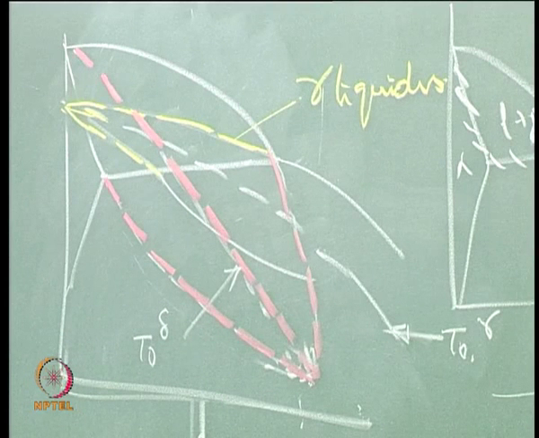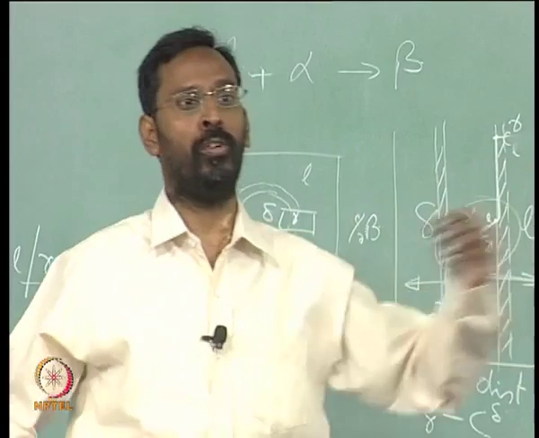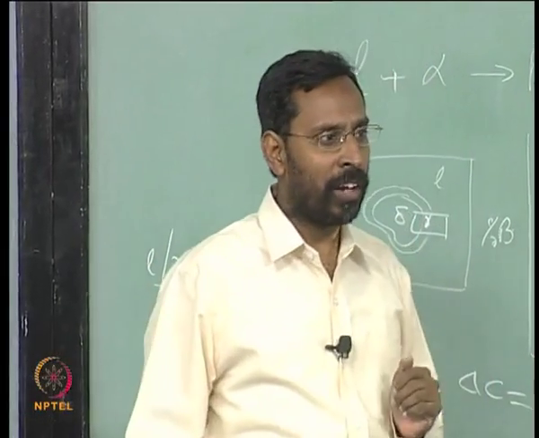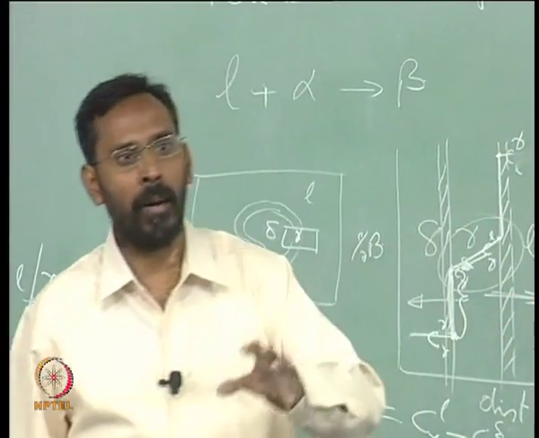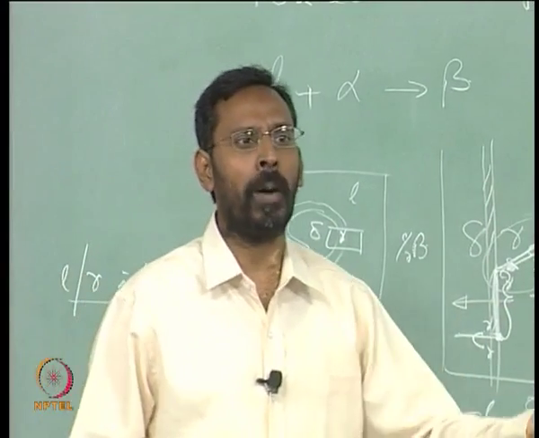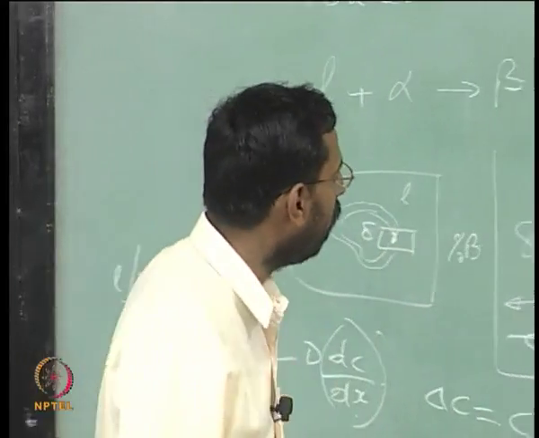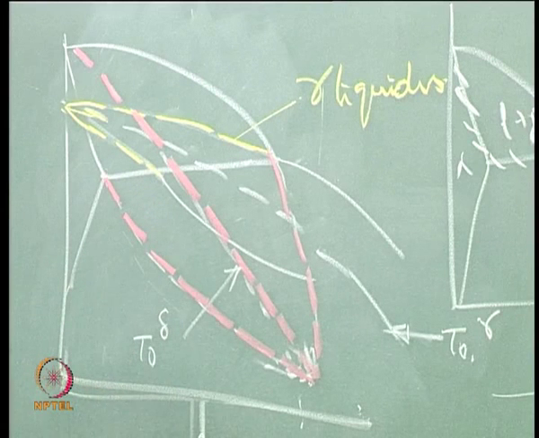So, depending on my undercooling and also depending on which phase is easy to nucleate, I may get solidification with partitioning giving you either delta or gamma, or solidification without partitioning giving you either delta or gamma. So, you can see that in a normal phase diagram now, some of them get suppressed.